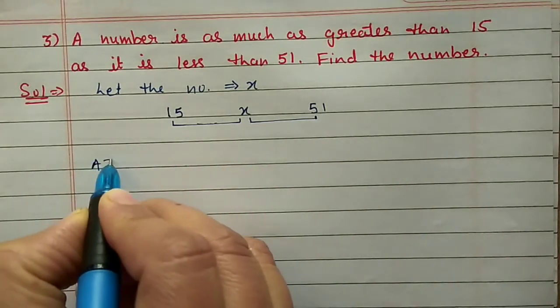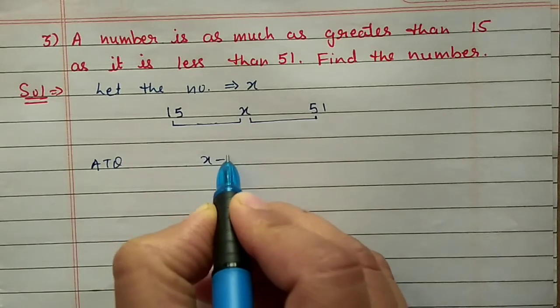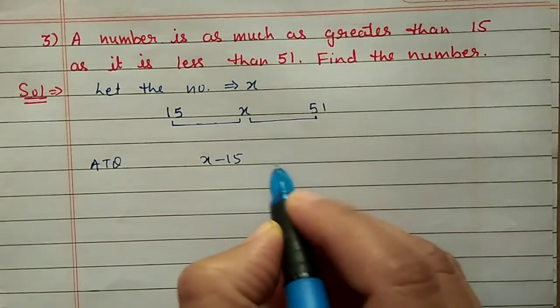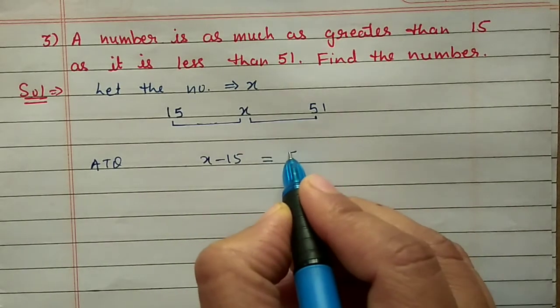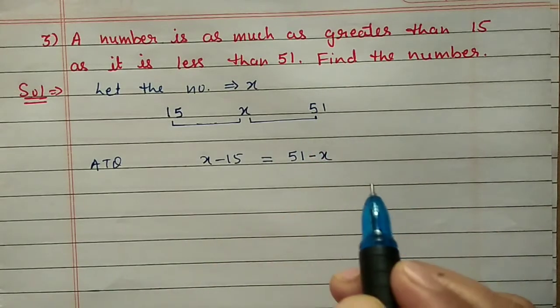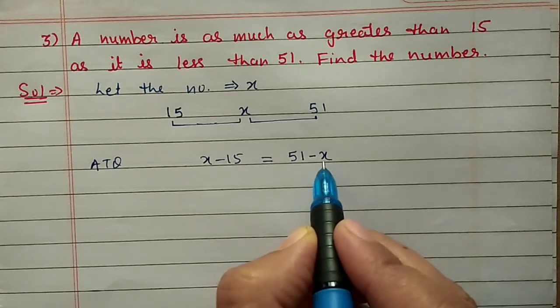So according to the question, first difference here x minus 15 we will take because x is greater than 15, and this difference is equal to the difference between these two numbers, and this side we will take 51 minus x because 51 is greater here. Now we can shift variable one side and number another side.